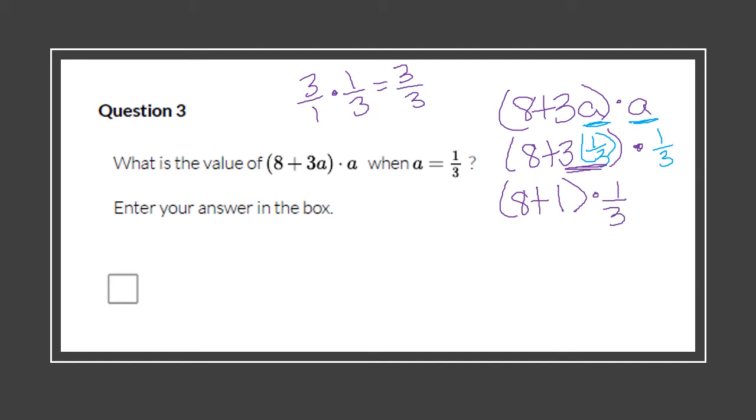So then I'm going to add inside those parentheses. And I do get 9 times 1/3. Remember, any whole number is always over 1. So when I multiply across the top and the bottom, I do get 9/3. 9 divided by 3 gives me 3.